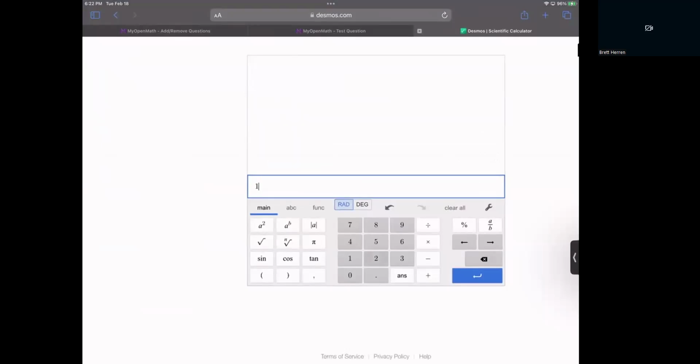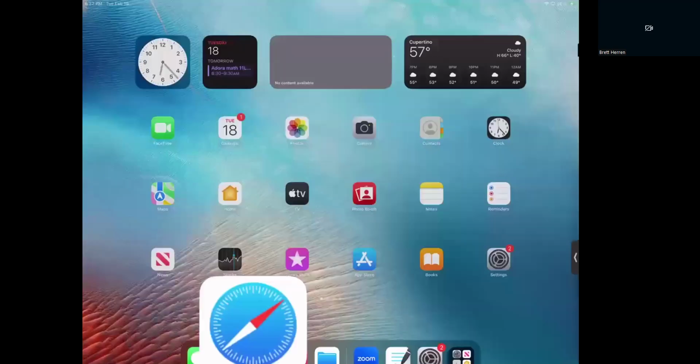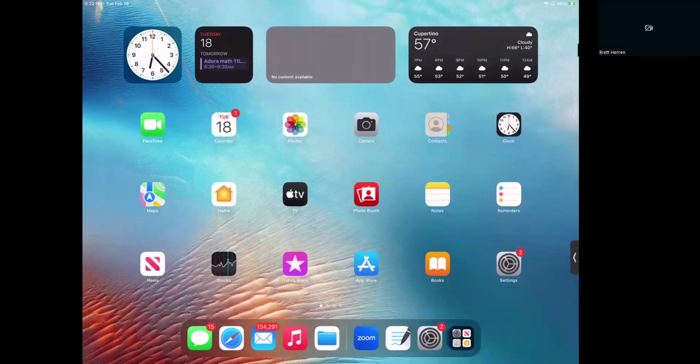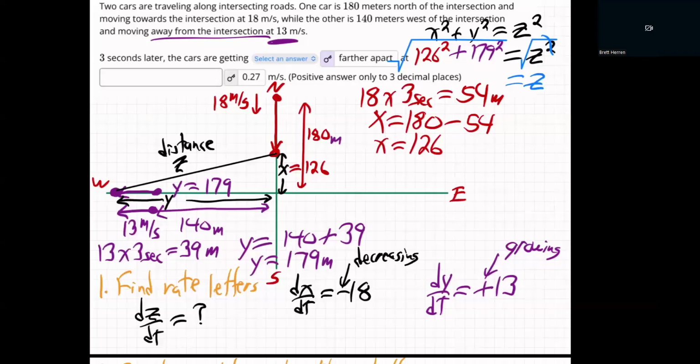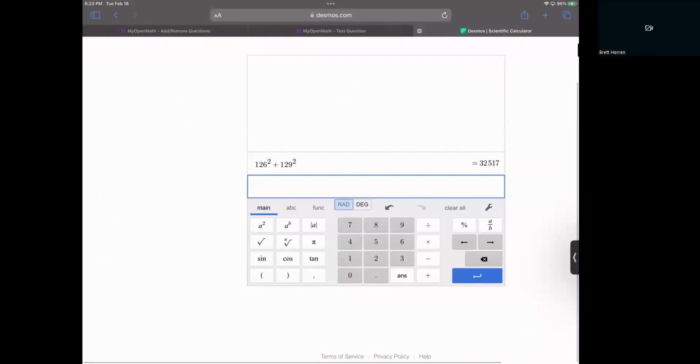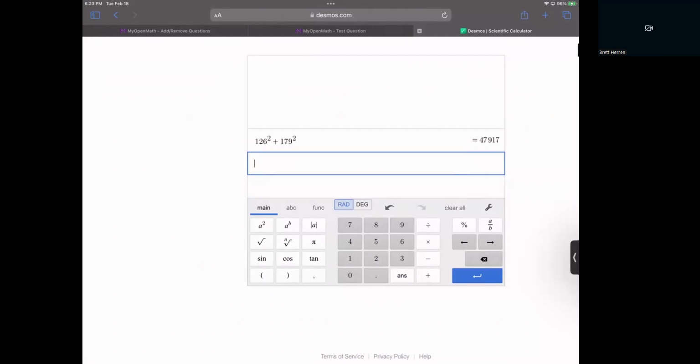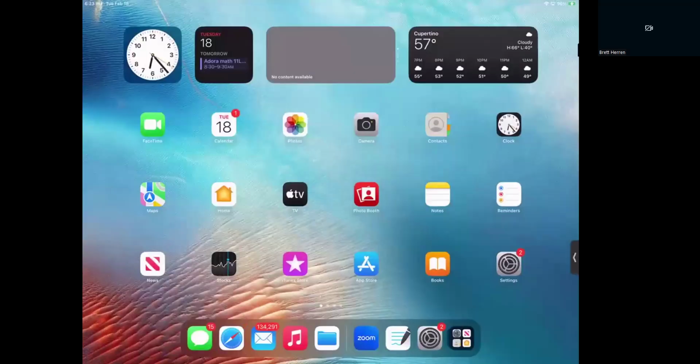Is that right? I think I got it wrong. 126, 179. Yeah. It's 47,917.